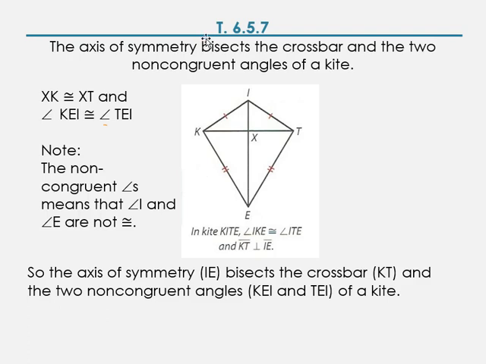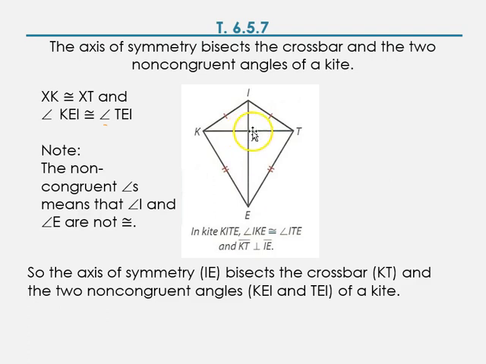And we'll be learning about symmetry later on in your book. This axis of symmetry, by its properties, will bisect the crossbar. The crossbar is KT. And the two non-congruent angles of a kite. So it will also bisect angle I and angle E.